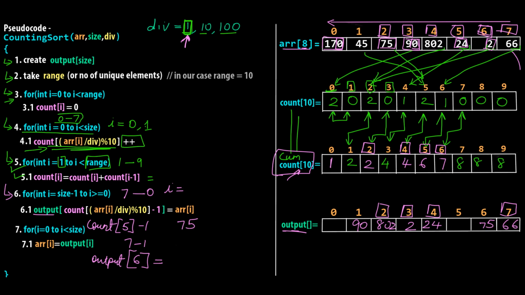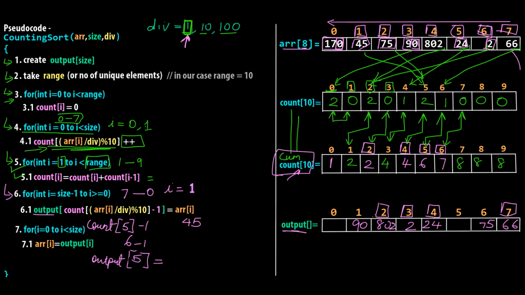Then I becomes 1. Again count of 5, because when we take 45, we have 45 divided by 1, which is div value, mod 10, which gives us 5. So count of 5 minus 1. So this time count of 5 is 6. So it would be 6 minus 1. 6 minus 1 is 5.